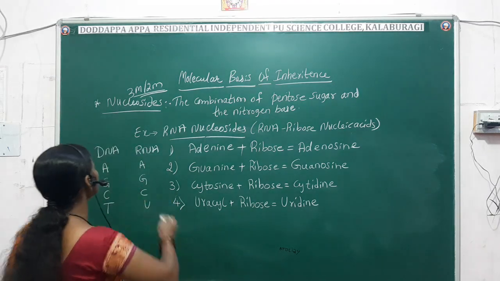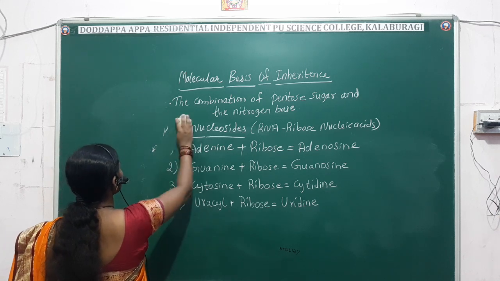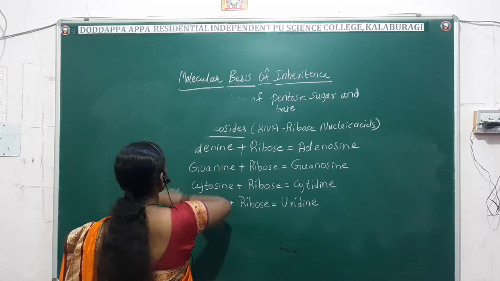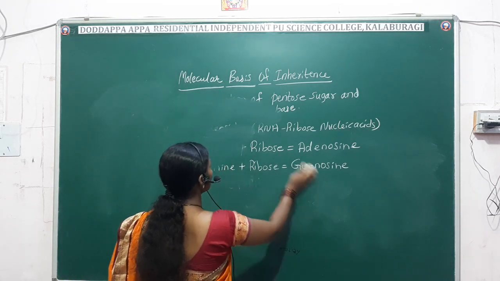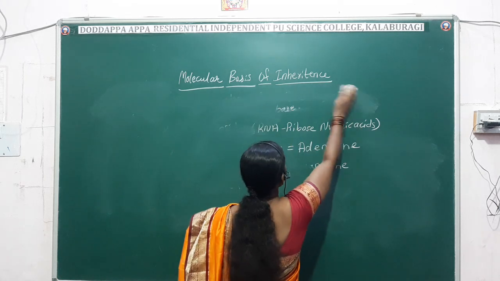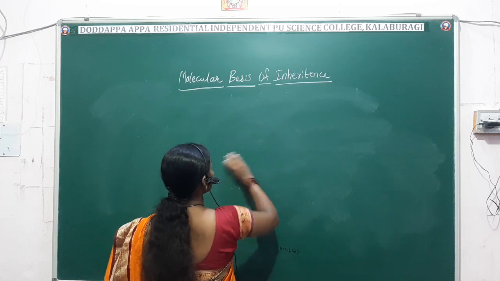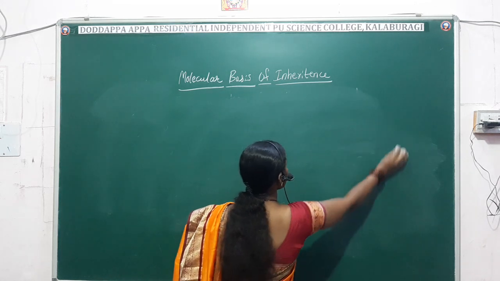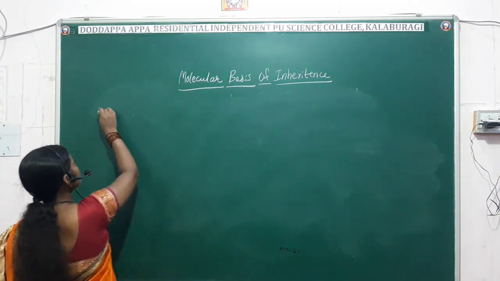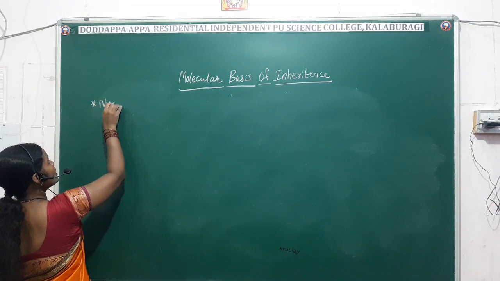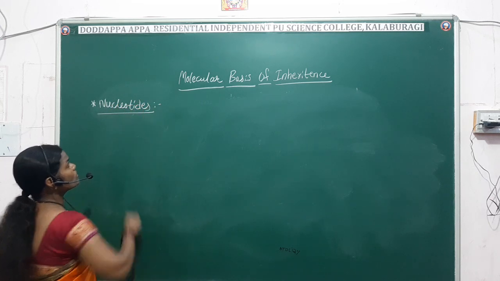Now the next concept we are going to see is nucleotides. You have seen the nucleosides; similarly, you are going to see nucleotides. Write down the side heading as nucleotides.